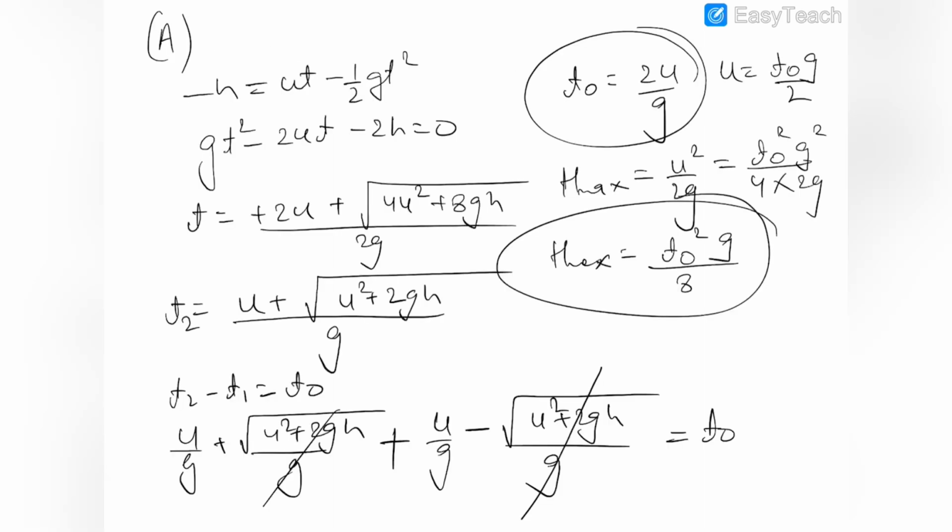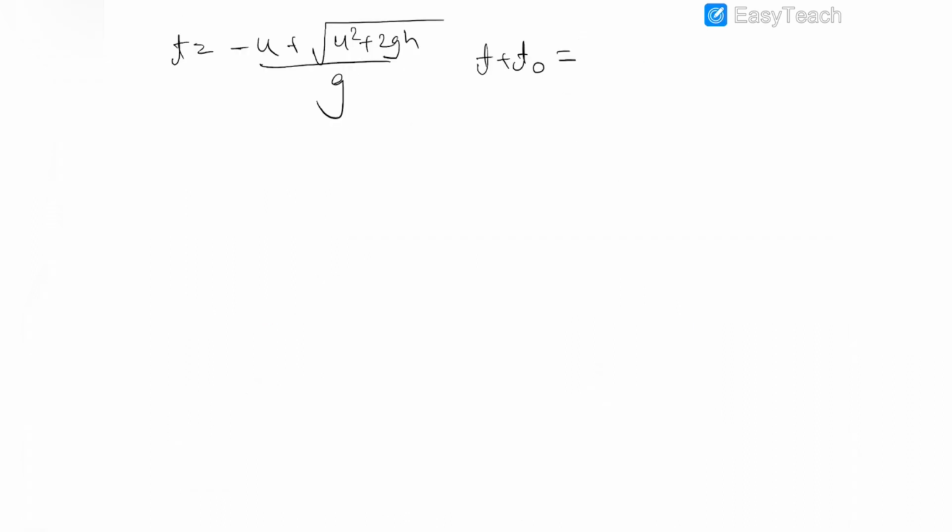So t is equal to minus u plus under root u square plus 2gh by g, and t plus t naught is the second time, which is the time for the body to come down, equal to u plus under root u square plus 2gh by g.